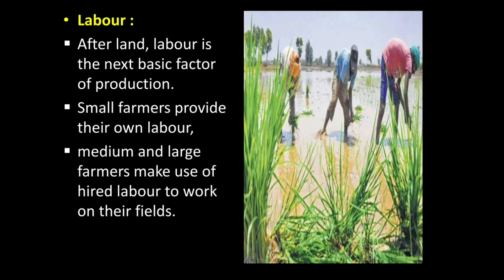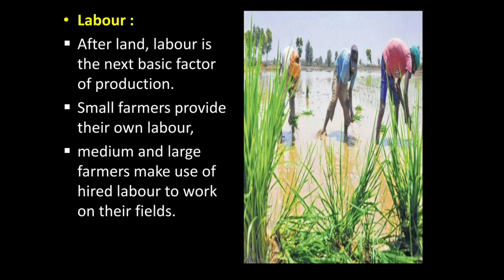So, after land, labor is the next basic factor of production. In India, the small farmers provide their own labor because first, they do not have much money to afford labor, and second, as their land holding sizes are small, they do not need much labor.